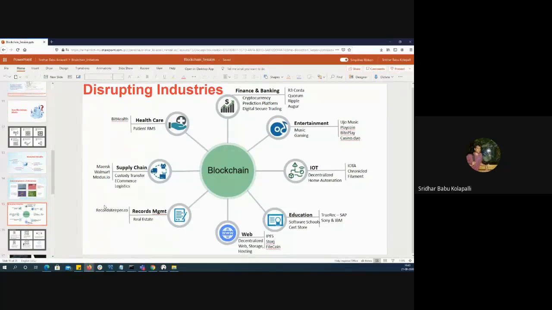The next example is from the storage perspective itself. So I will give you a good example here. When I say storage, right, we store a lot of documents. Take your Google Drive, or take OneDrive from Microsoft. If you're using a Windows machine, by default you get certain storage from Microsoft.